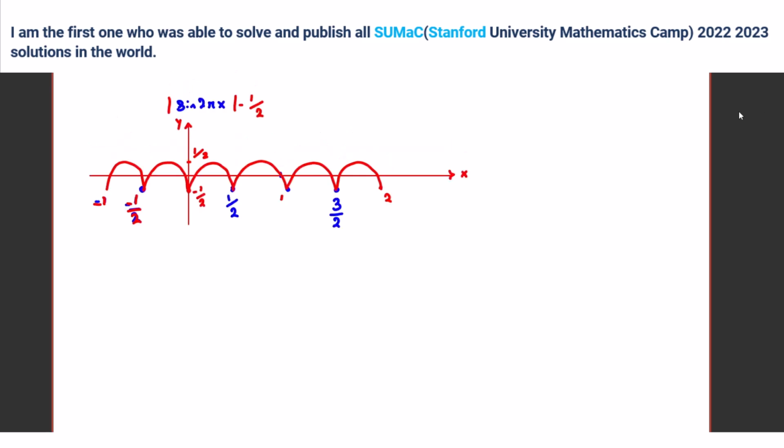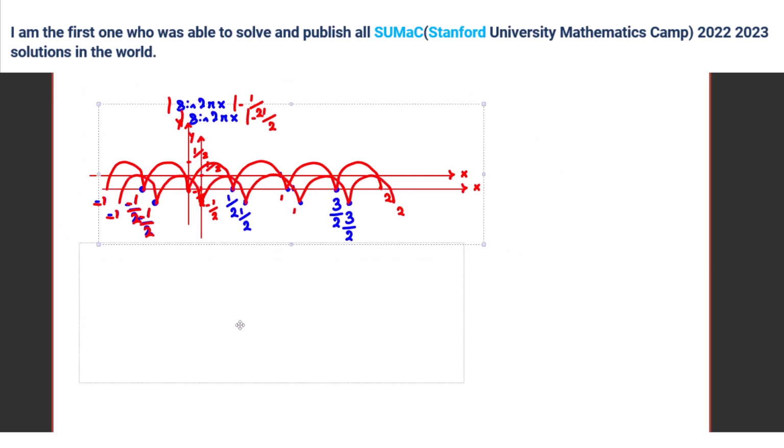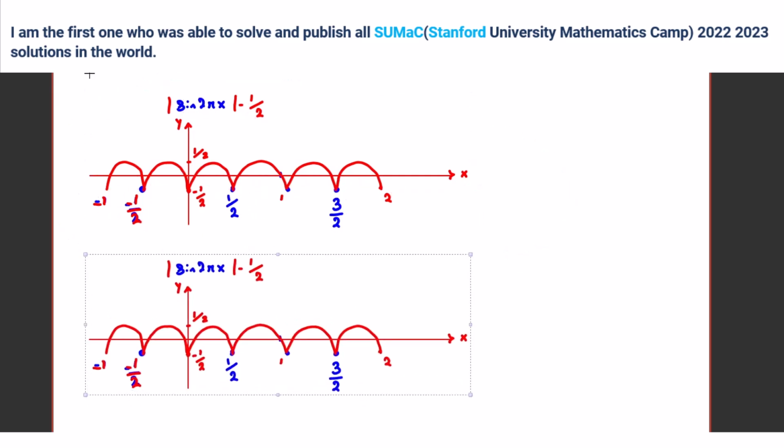Now we should consider absolute value, right? Because we want to consider absolute value, let's copy this one again. If we consider absolute value of this, let's see what happens. Here we go, like this one. This one, this one, this one, this one, and so on.